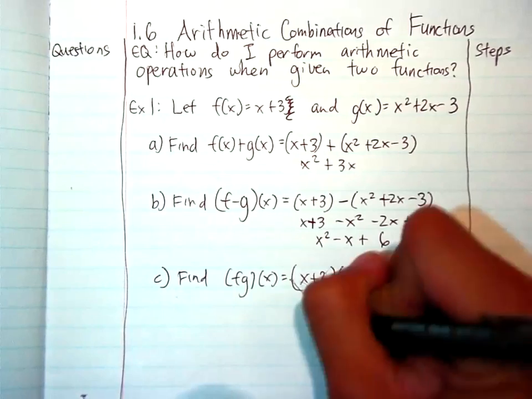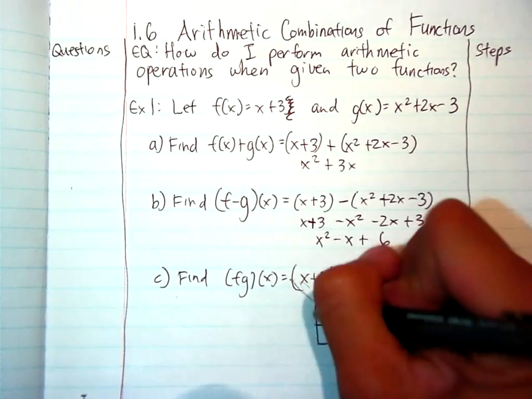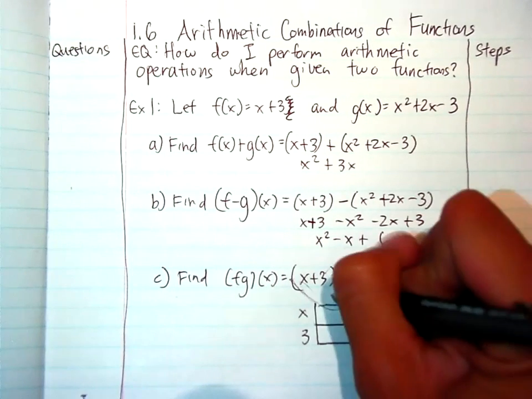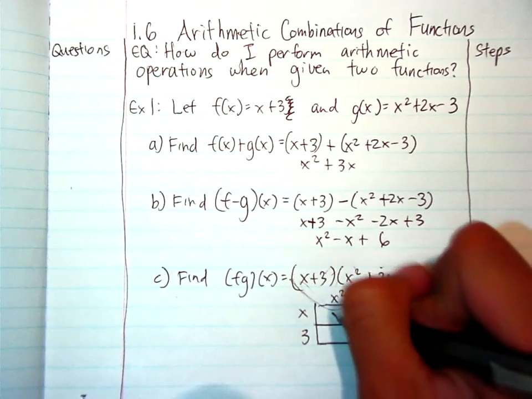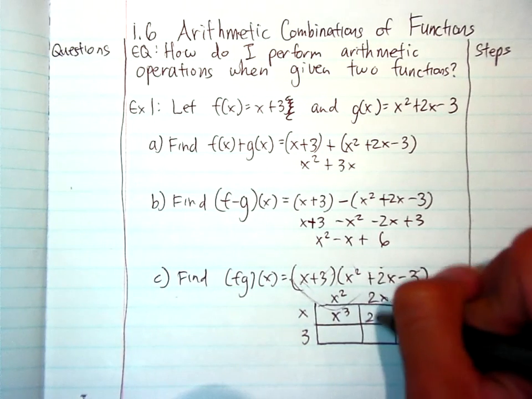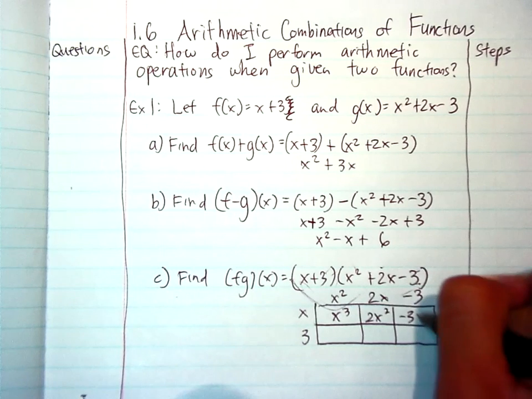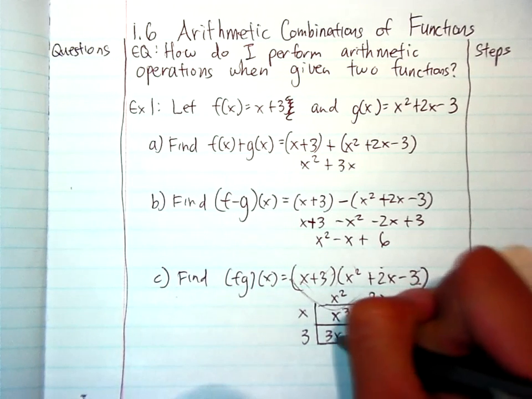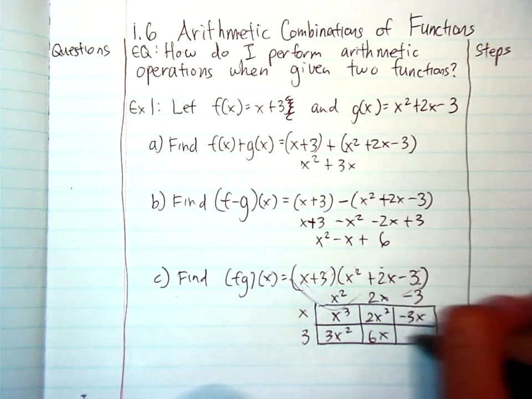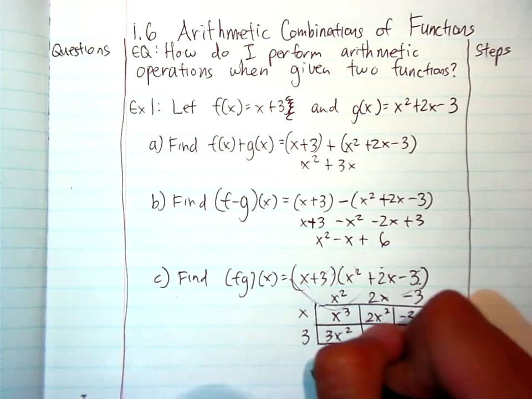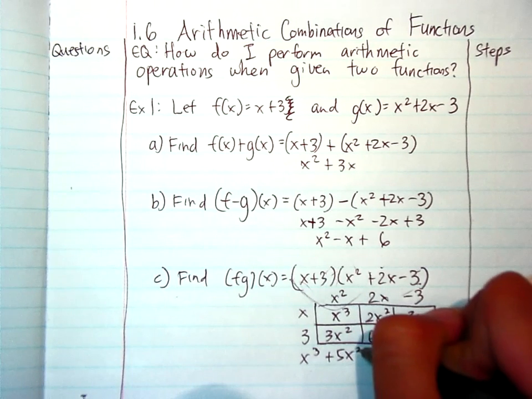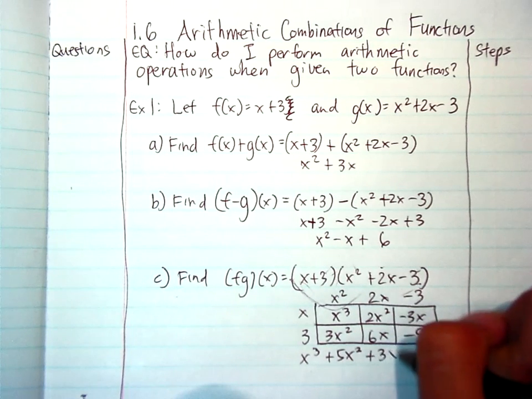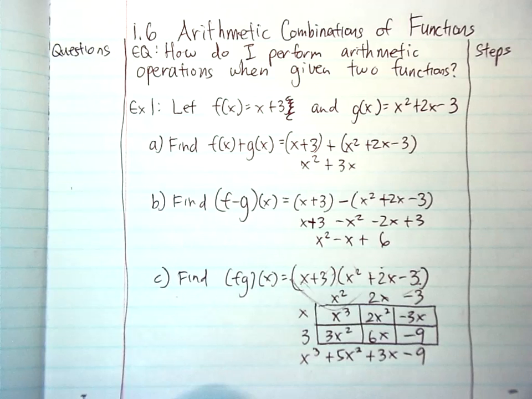Whichever way you want to organize it. So you draw a 2 by 3 box, and I know it's x and 3, x squared, 2x, minus 3. And then if I multiply it correctly and combine the like terms, I should end up with x cubed plus 5x squared plus 3x minus 9.